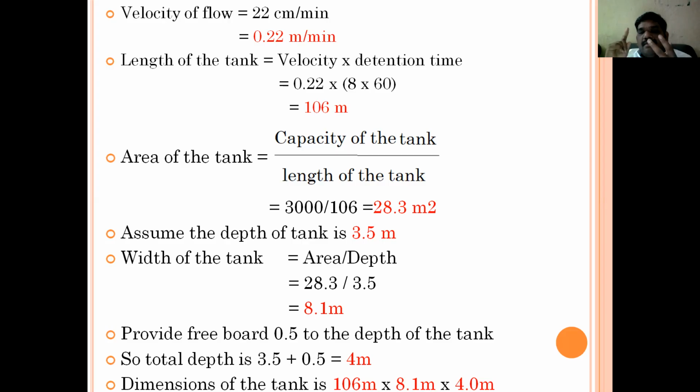We found the capacity, the area, the length, and the width also. Length of the sedimentation tank is 106 meters, width of the tank is 8.1 meters, and depth is 4 meters.